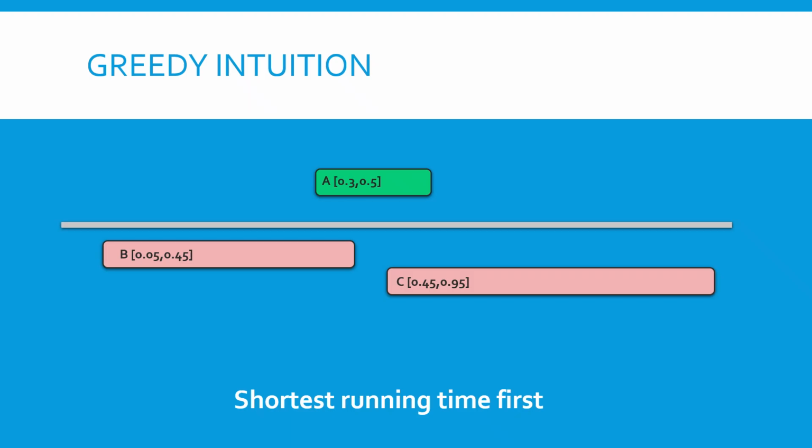If we schedule job A, we can no longer schedule jobs B and C because their intervals overlap with A. However, we can schedule both jobs B and C together, and they do not overlap. So, the optimal solution here is to accept B and C, not A. This shows that the shortest running time first strategy does not always produce an optimal schedule.